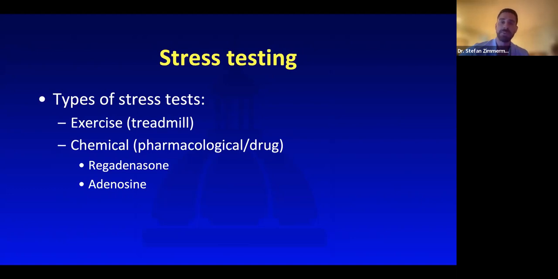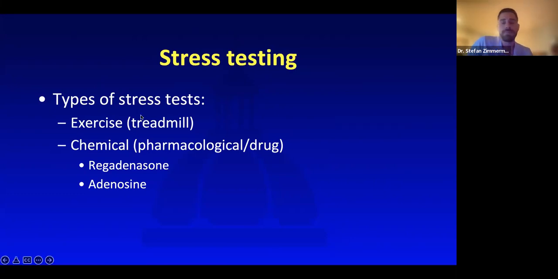So with the stress test, we're trying to simulate that exercise that's giving you your symptoms, and do some imaging while we're doing that in order to tell whether or not the symptoms seem to be caused by blockages of blood flow in your heart.